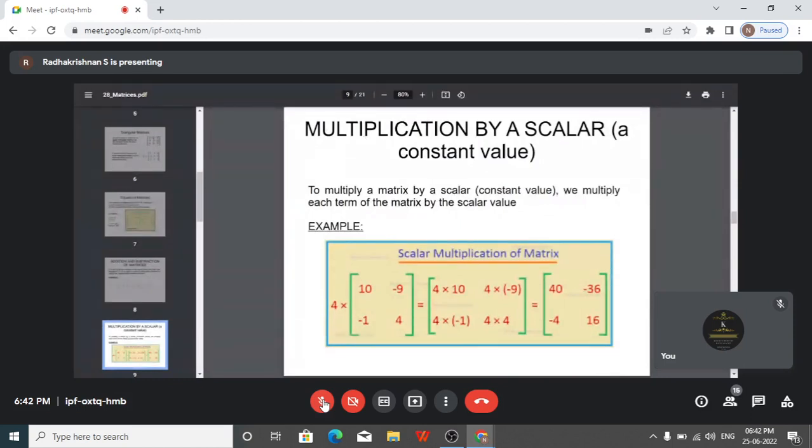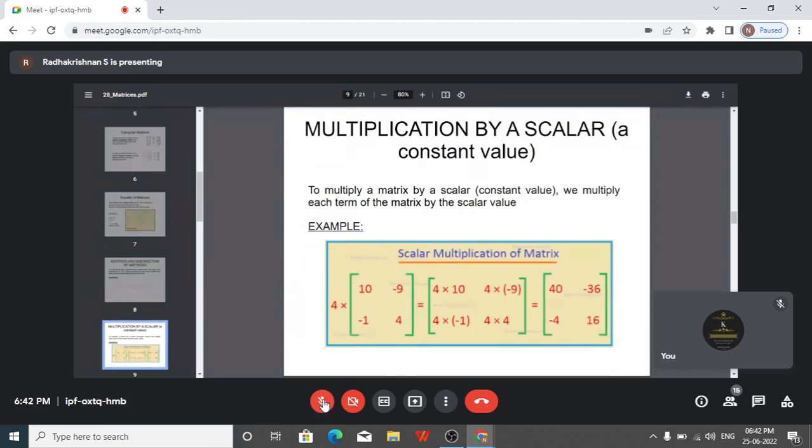Okay. Next, we go to multiplication of a matrix by a scalar. A scalar is a constant value, like 2 or 3. To multiply a matrix by a scalar, we multiply each term of the matrix by the scalar value.